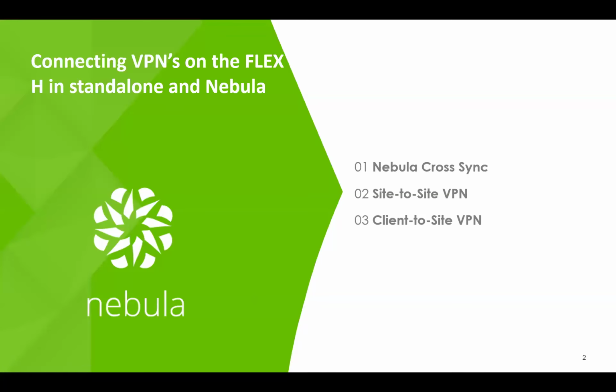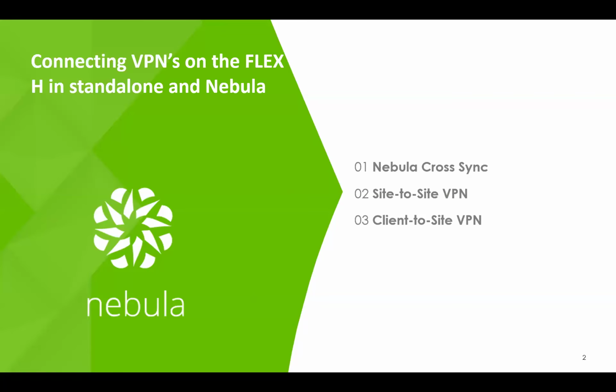If you are on the latest firmware for your firewall, which is going to be on the FLEX H series, and that's going to be 1.35 or greater, what you will find is that we now have a new option that's pretty much standard, which is our cross-sync. What is meant by cross-sync?